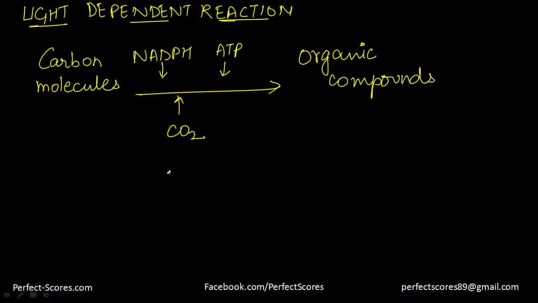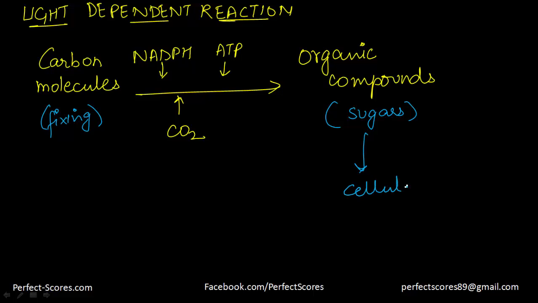The processes that take place are that first of all, the ATP and the hydrogen that was carried by NADPH are used to fix carbon molecules together. So fixing of the carbon happens at this place, and carbon dioxide is added to the basic carbon compounds, and this helps to produce more complex organic molecules, that is sugars, and they can then be stored for use in cellular respiration as and when required.